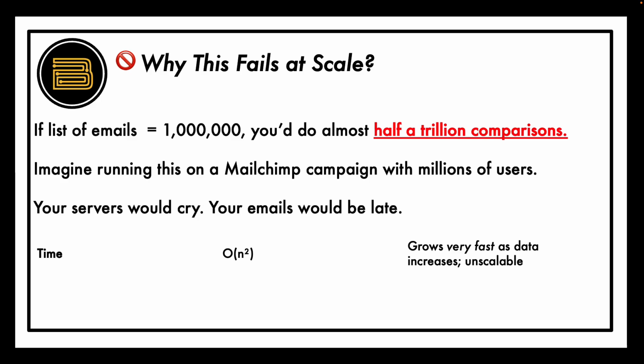And what happens is that this grows very fast as data increases. So it doesn't scale well. Now, in terms of space, it uses almost no extra memory because we get the parameter emails in the function. And we're going to see how this compares with the other solution. But for now, know that in terms of time, this would not scale well if you have millions of users.